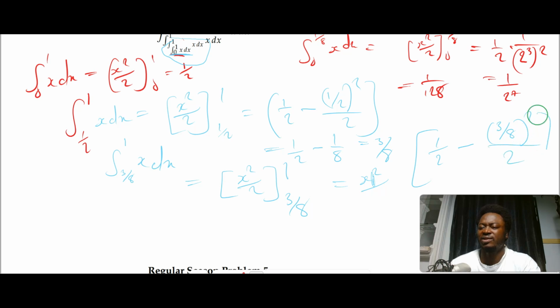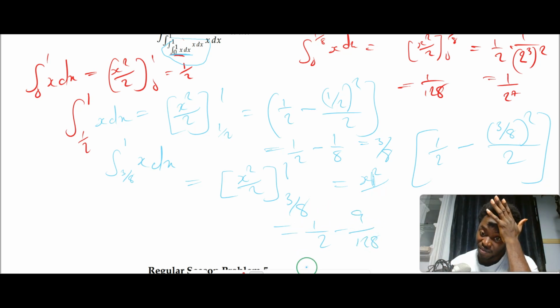I think I may need my calculator for this one. So you have 9 over 64, so 9 divided by 128, right? Yeah, 9 divided by 128. So you have 1 over 2 minus 9 divided by 128. So I need to multiply top and bottom here by 64. So that will get 128 here.